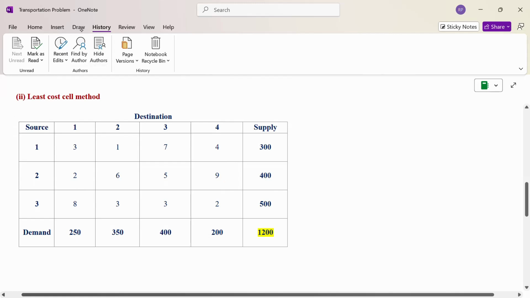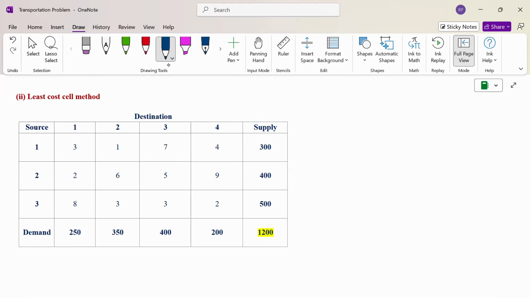Now see how to solve this least cost method. First of all, look at the entire set of values and see which is the least. Here, 1 is our least value, therefore it is the selected cell. In this cell, check the supply value and demand value.